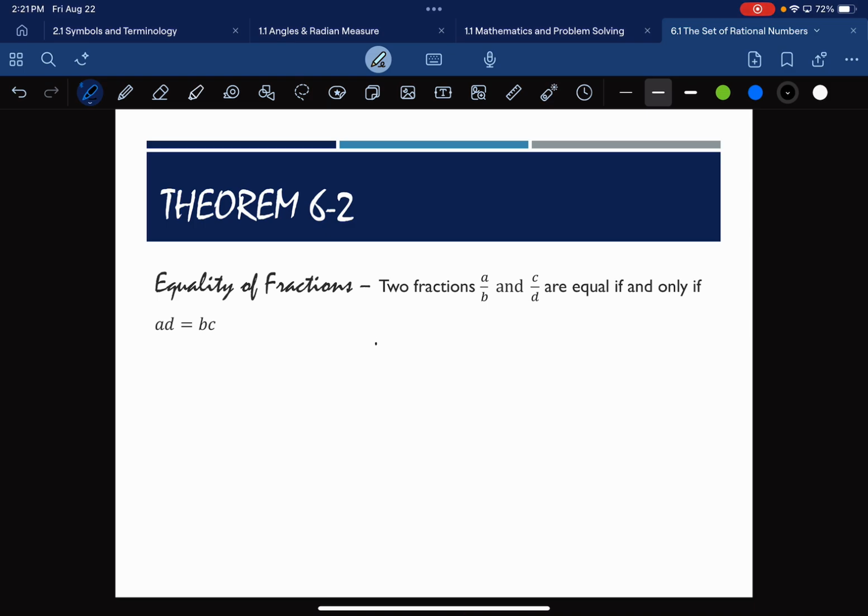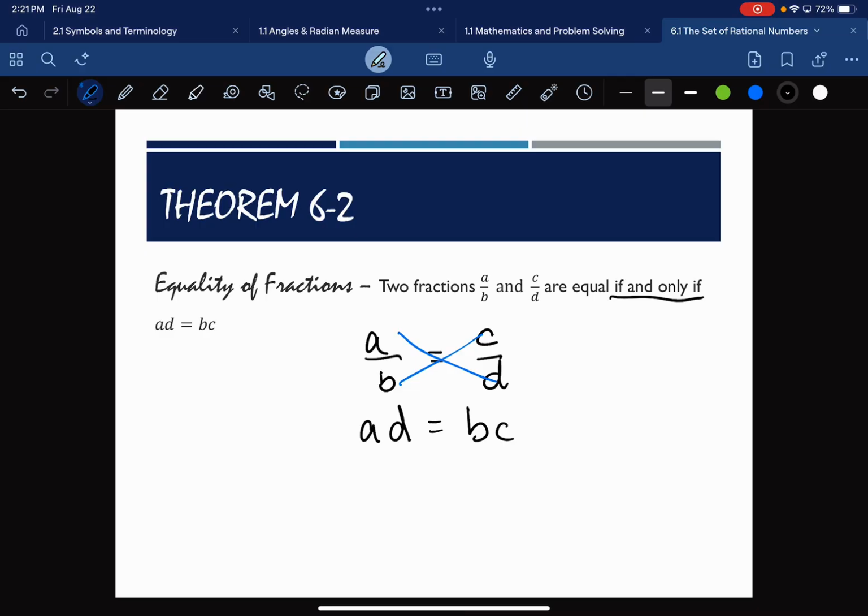So if we were to set up a over b and it really is equal to c over d, what it means is that I can multiply the diagonals across one another so that I end up with AD on one side and BC on the other. And this is one of those statements that says if and only if.